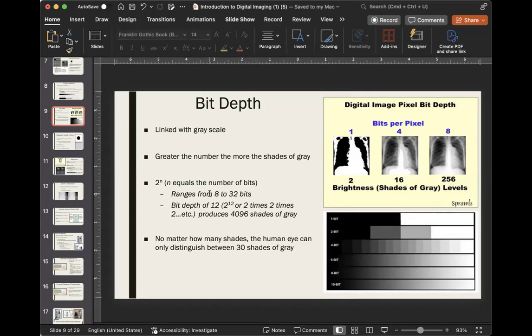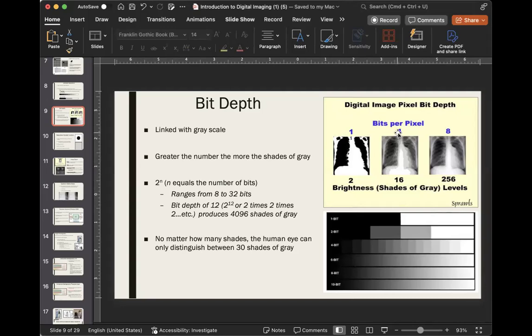No matter how many shades of gray are produced, the human eye can only distinguish between 30 of those shades. And so now when we see here, this is 1 bit, right? And so 2 to the power of 1 is 2. And so when you look at that, you're seeing the 2 shades here, okay? Now you're seeing black and white shades, okay?